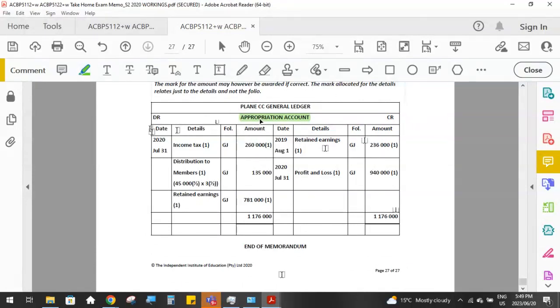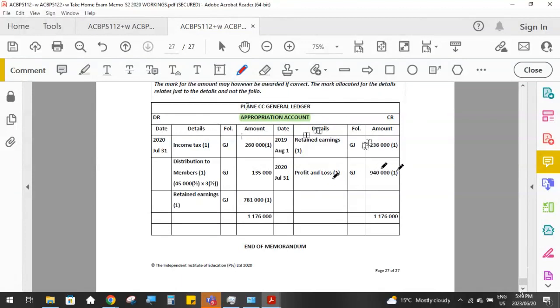And again, the first thing that we do is to transfer, in this case, the retained earnings, which means all previous profits that the business is still holding onto, into the appropriations account, as well as the current year's profit.